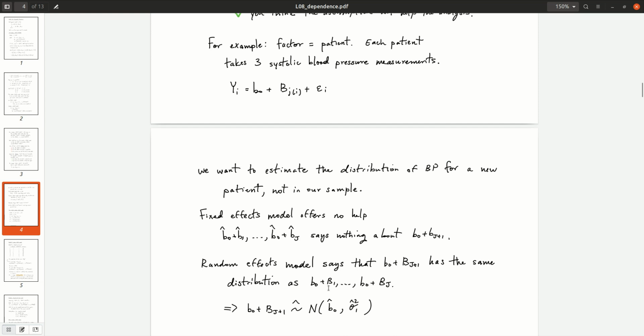The goal of this analysis is we want to estimate the distribution of blood pressure for a new patient who's not in our sample. So already we can see that a normal random effects model is going to be potentially helpful here, because the question here is talking about the distribution of blood pressure, and this model places an assumption on what that distribution looks like.